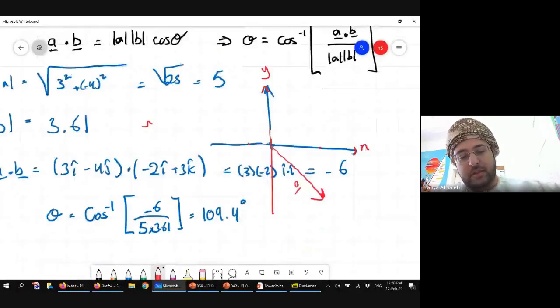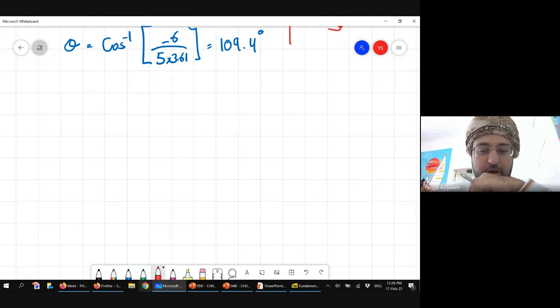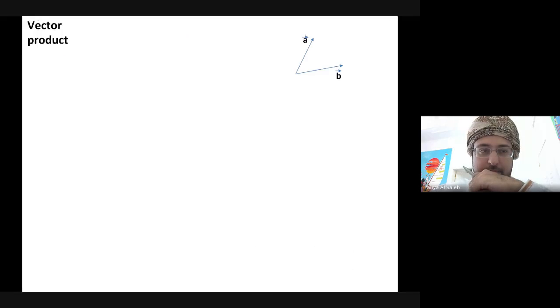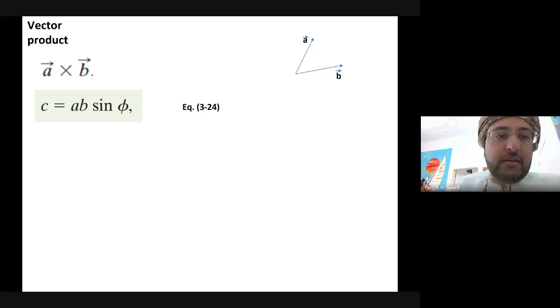Is the idea of the scalar product clear? Yes. Okay. Let's move on to the vector product, which is the more complicated of the two vector products. The vector product, we said, gives us another vector, and this third vector is given by AB sine theta.